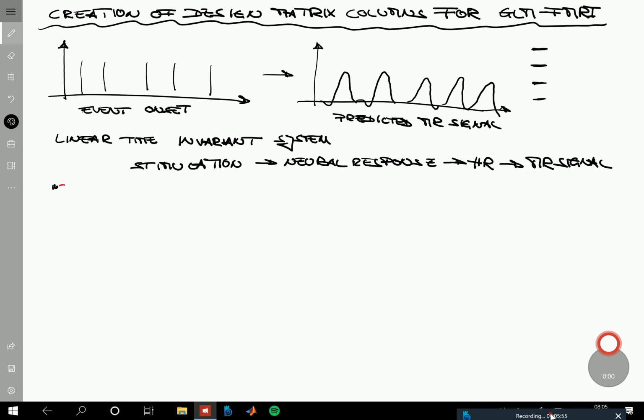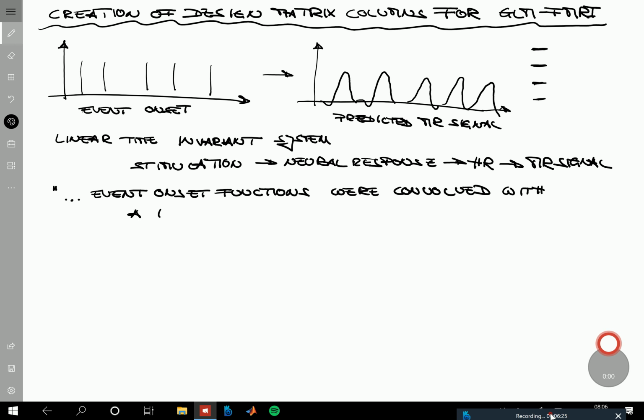I hope you read some fMRI papers by now, where it says something in the method section like event onsets or stimulus onset functions were convolved with a hemodynamic response function.